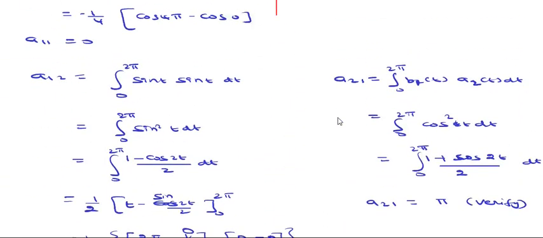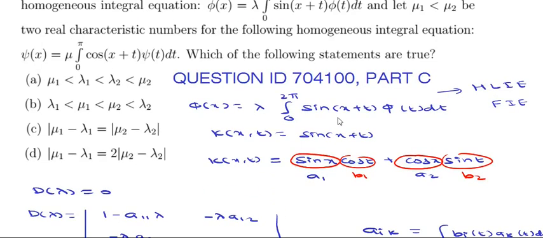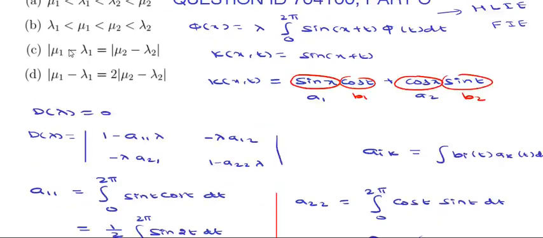So next we can find the same thing. Characteristic values for the second integral equation, that is mu of x. The second integral equation is psi of x equal to mu times integral 0 to pi cos of (x plus t) psi of t dt.